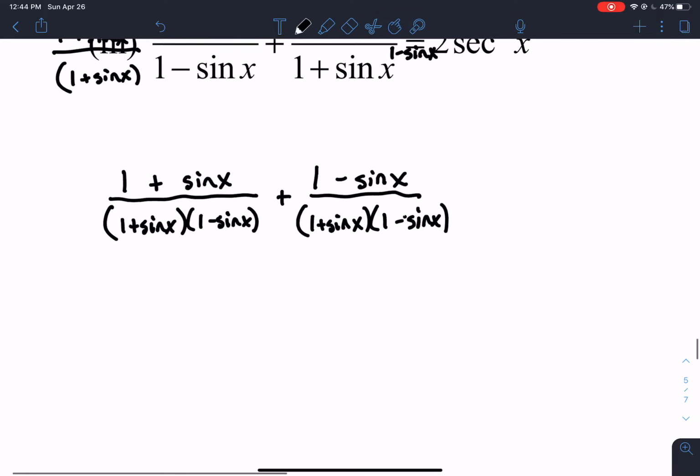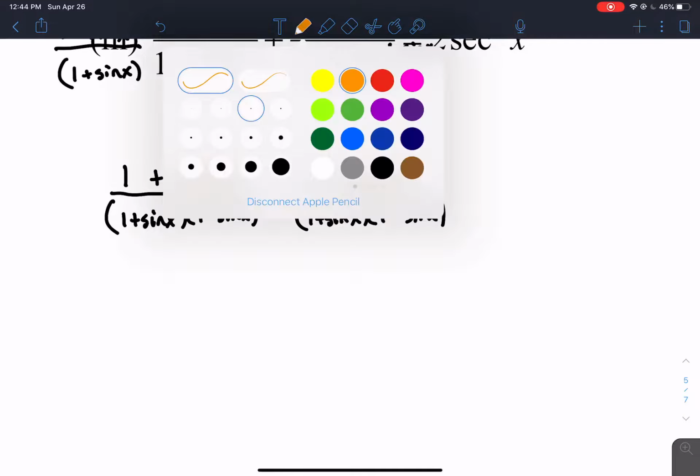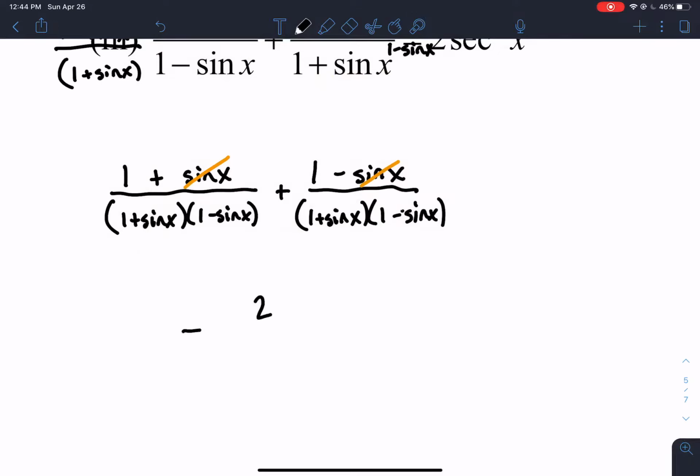Okay, so now they have the same denominator, right? If we put them together, the sine terms are going to cancel, and then 1 plus 1 gives me my 2. Okay. Now you got 1 plus sine, 1 minus sine.